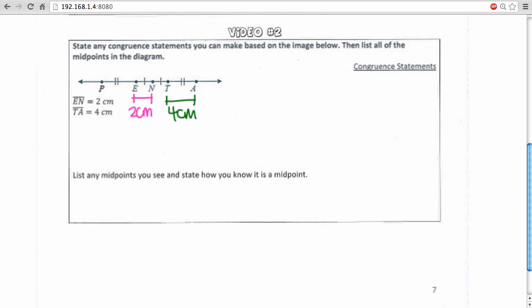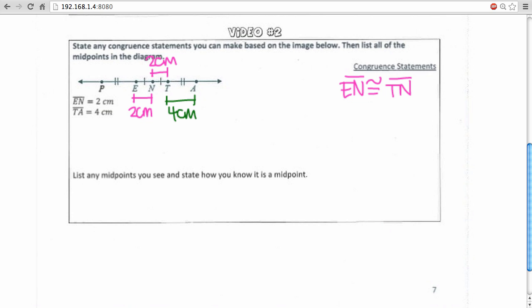Now, based off of the tick marks, EN is congruent to segment TN. They each have one tick mark. So if EN measures 2 centimeters in length, that means that TN also measures 2 centimeters in length.